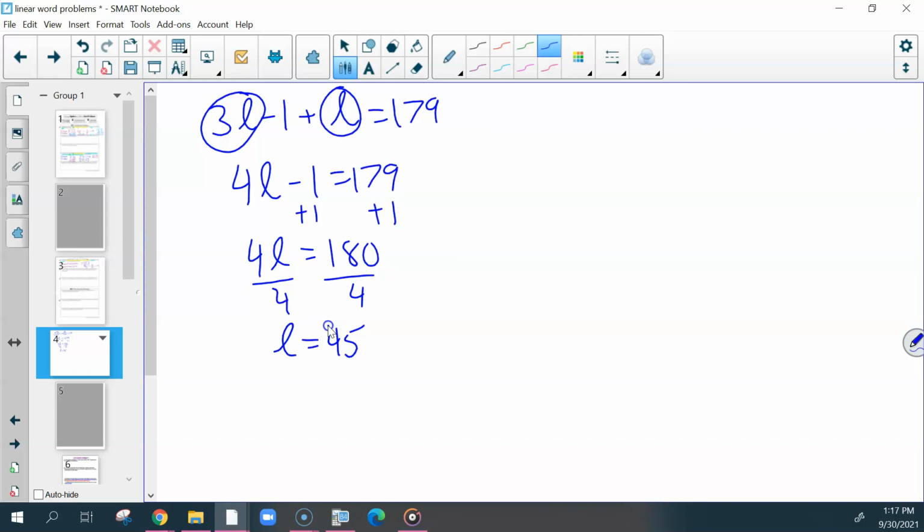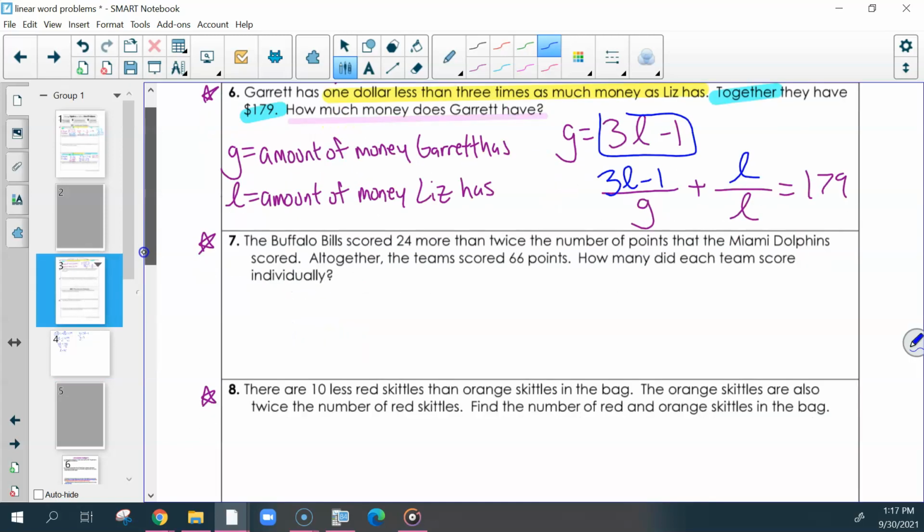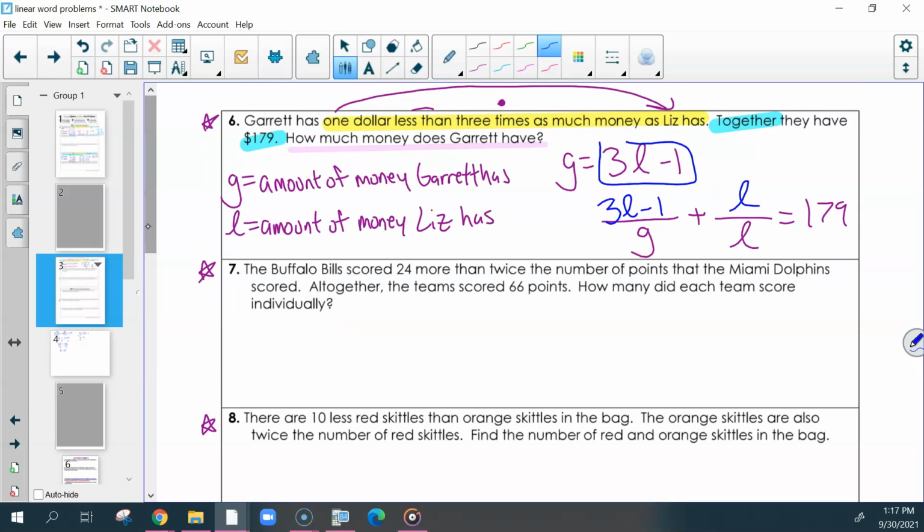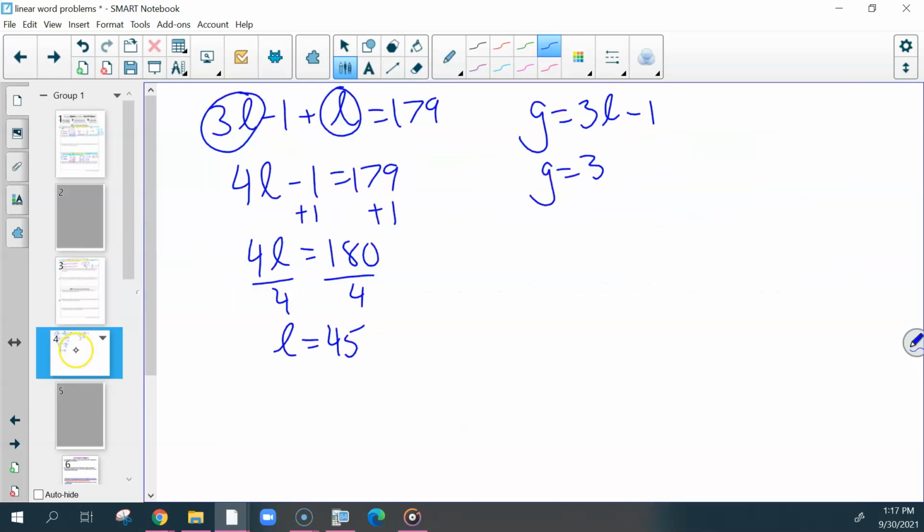So if we put 45 back into how much Garrett has, remember that was that 3L minus 1. If I put that back in, because the question actually asks, how much money does Garrett have, not how much money Liz has. Because if that were the question, then we'd be done. But we have to put 45 back in and solve.